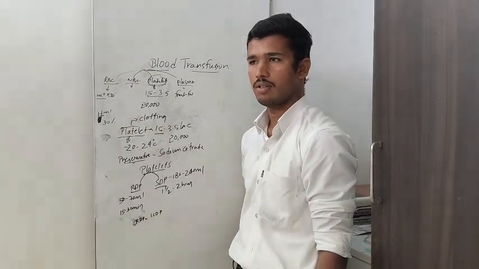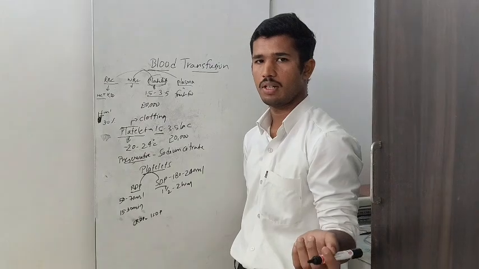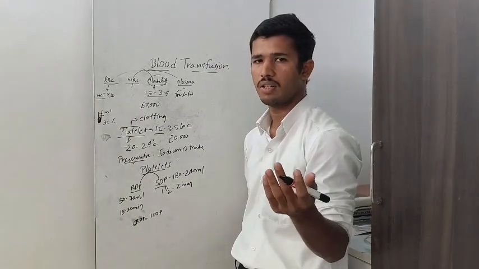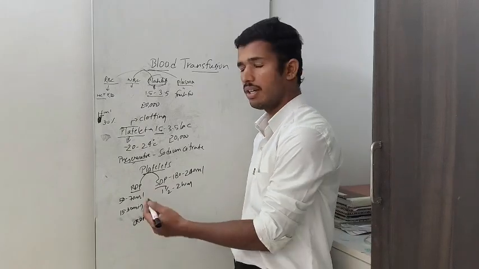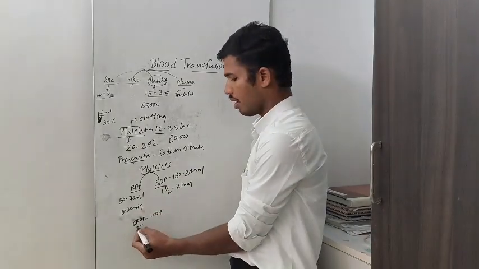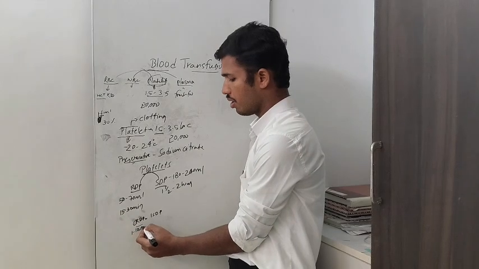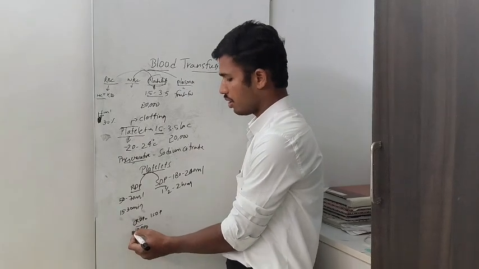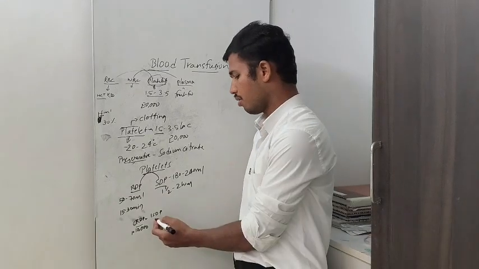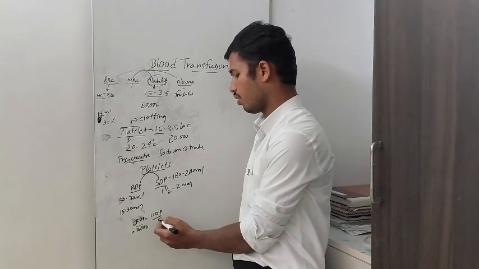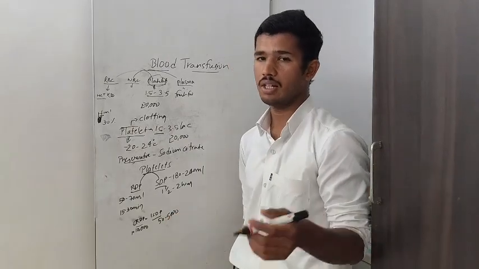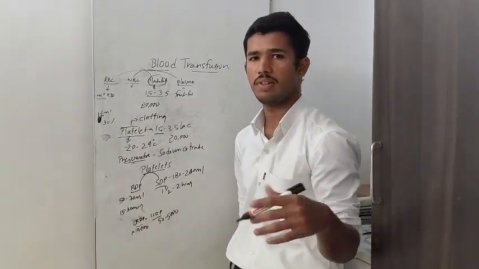If we transfuse platelets and check the platelet count after 24 hours, there is an increase. With RDP, about 10,000 platelets can be increased. With SDP, about 50,000 platelets can be increased.